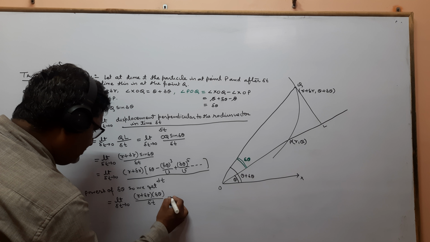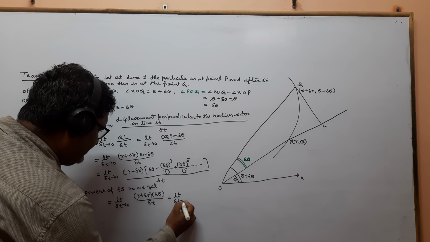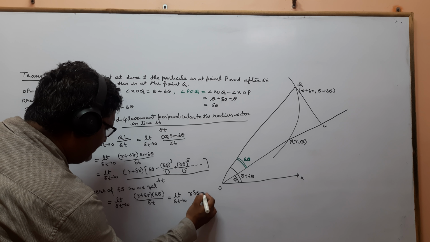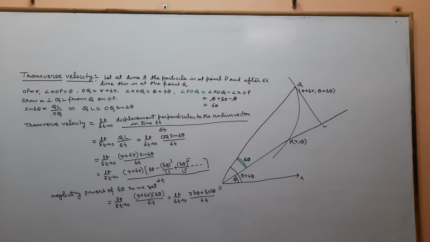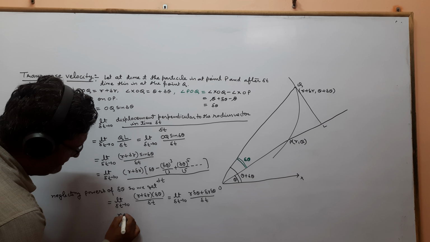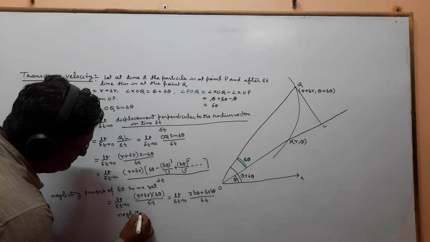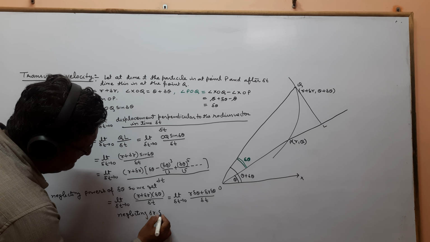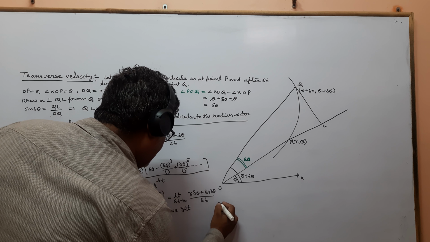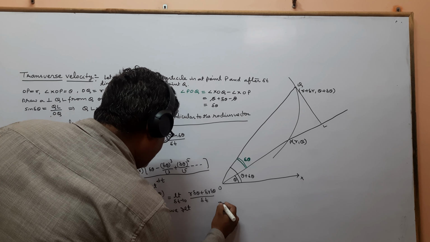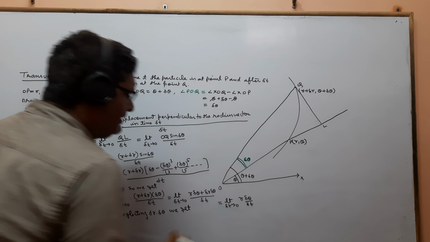Now this can also be written as limit del t tends to 0 of (r del theta plus del r del theta) divided by del t. Now also we neglect del r multiplied by del theta, so we get limit del t tends to 0 of r del theta divided by del t.